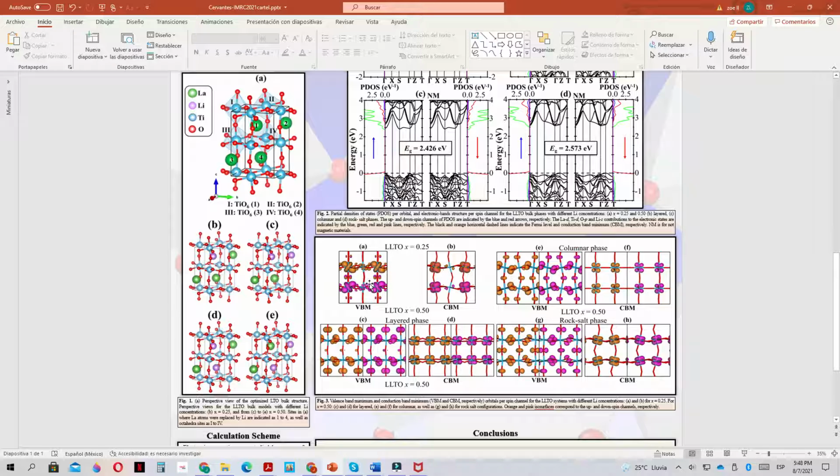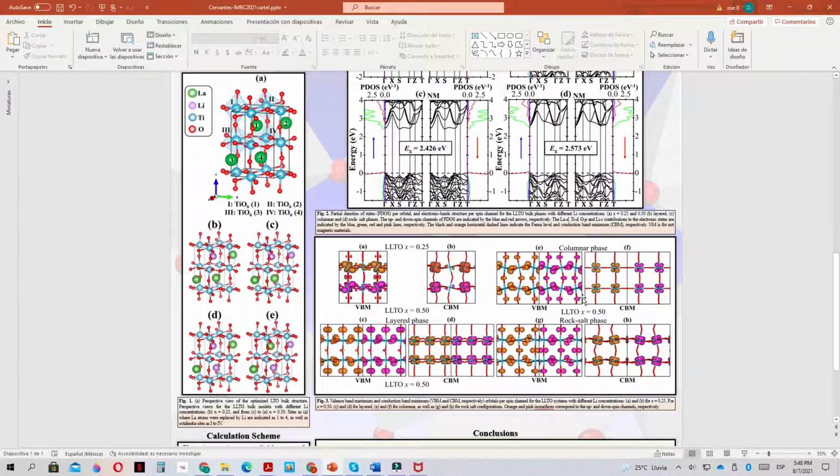For an E-type antiferromagnetic phase, the titanium magnetic moment decreases from 0.76 in the LTO bulk material to 0.11 and 0.69 Bohr magnetons for titanium 4+ and titanium 3+ cations, respectively.